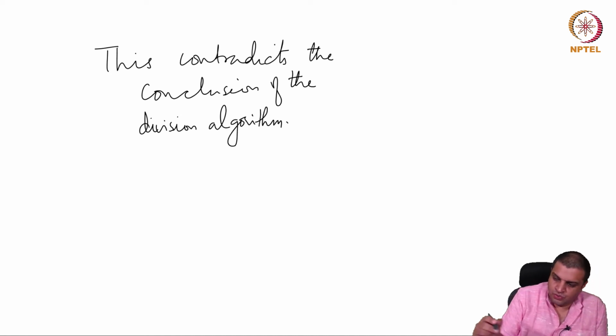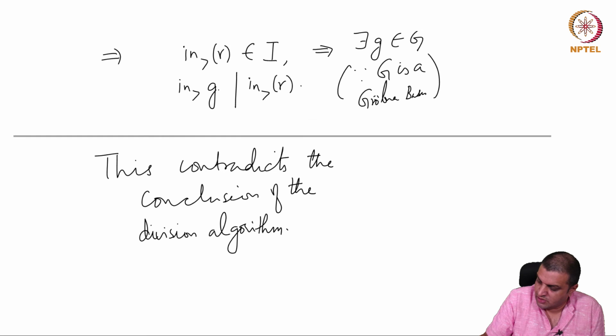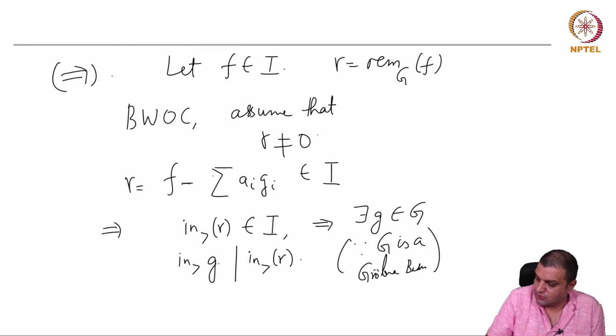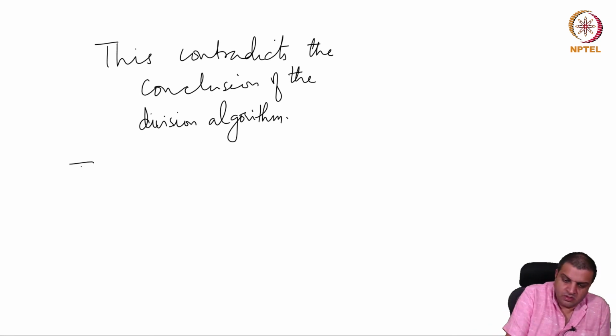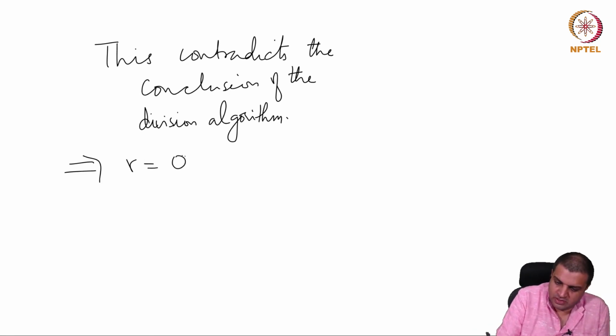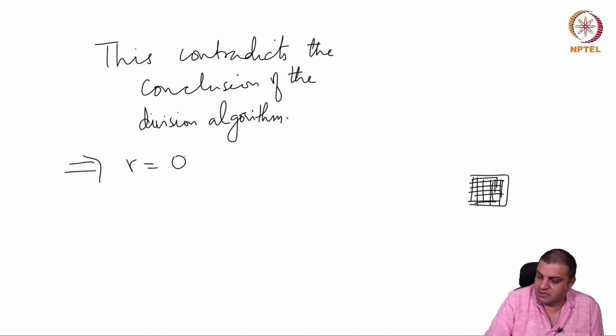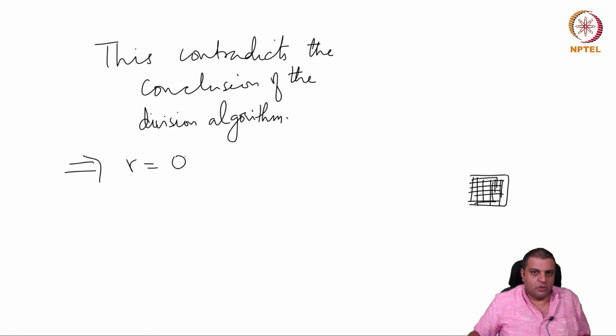And why did we get this contradiction? The contradiction was from the assumption that R is non-zero. In other words, this is what we wanted to prove. Okay. So the ideal membership test is one of the first applications one learns after one becomes familiar with Gröbner basis.